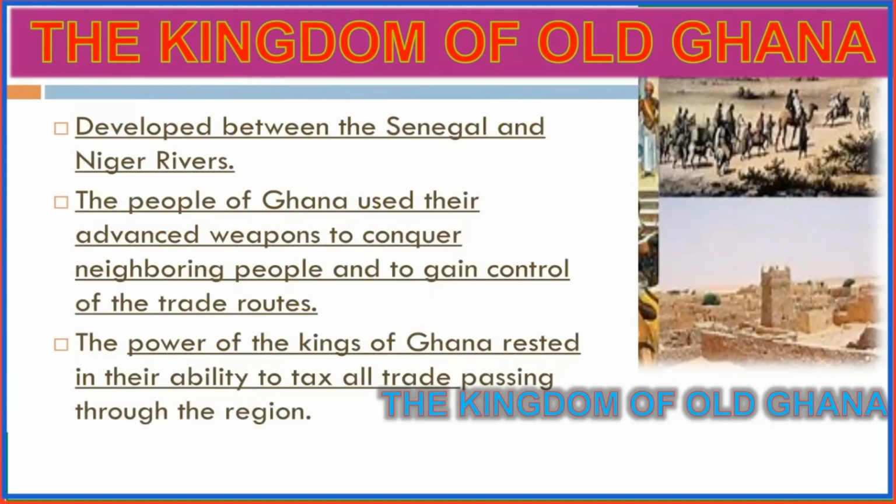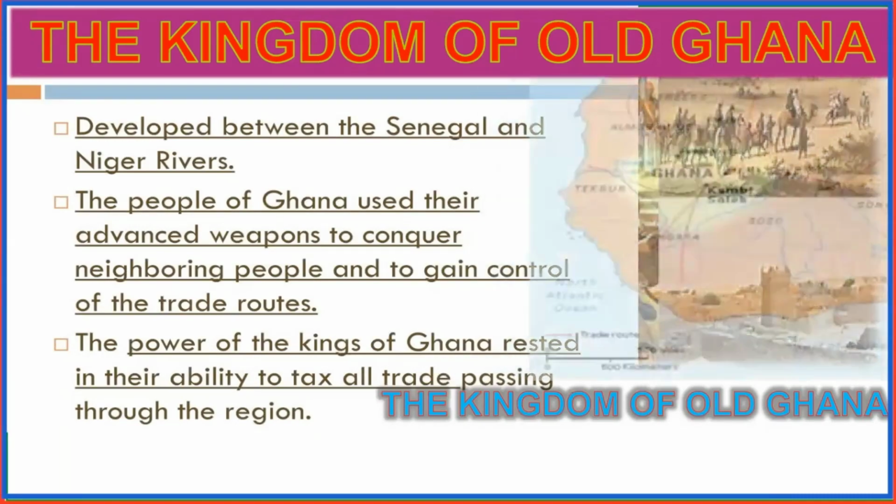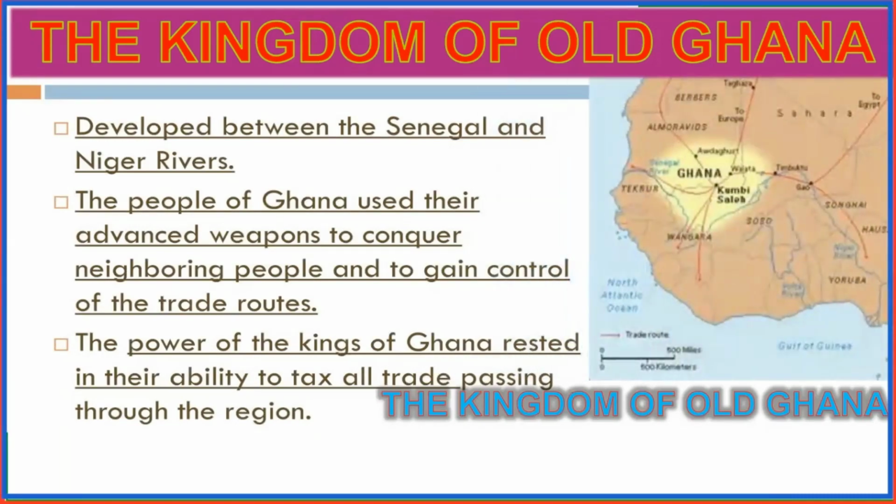The power of the kings of Ghana rested in their ability to tax trade passing through the region. The capital of the Kingdom of Old Ghana was Kumbi Saleh.